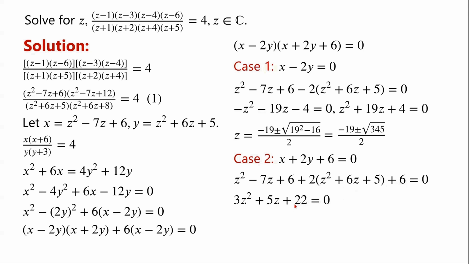This leads to the equation 3z squared plus 5z plus 22 equals 0. So, z equals negative 5 plus or minus the square root of 5 squared minus 264, all over 6. Because 5 squared minus 264 is negative 239, its square root is equal to the square root of 239 times the imaginary unit, i. Thus, the original equation has 4 solutions.